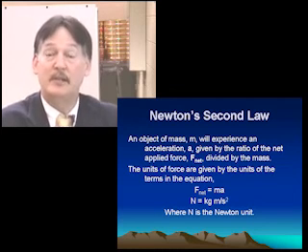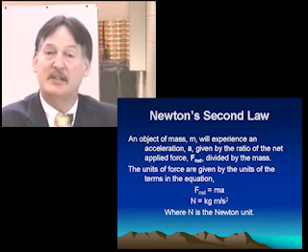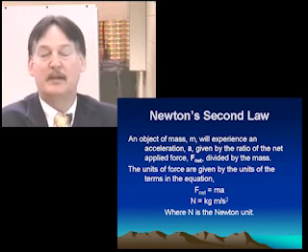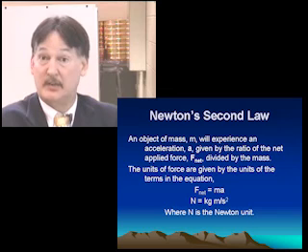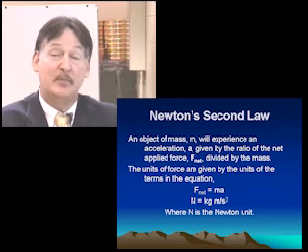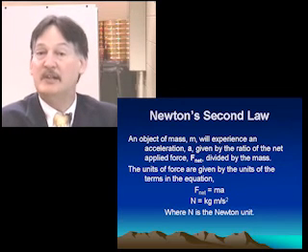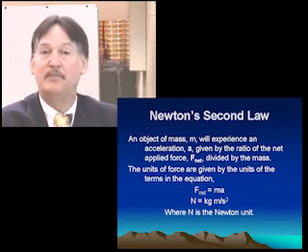Notice that the units of force, mass, and acceleration are as follows. Acceleration, we know, has units of meters per second squared. Remember 9.8 meters per second squared, the acceleration of gravity. We know the units on mass are kilograms.